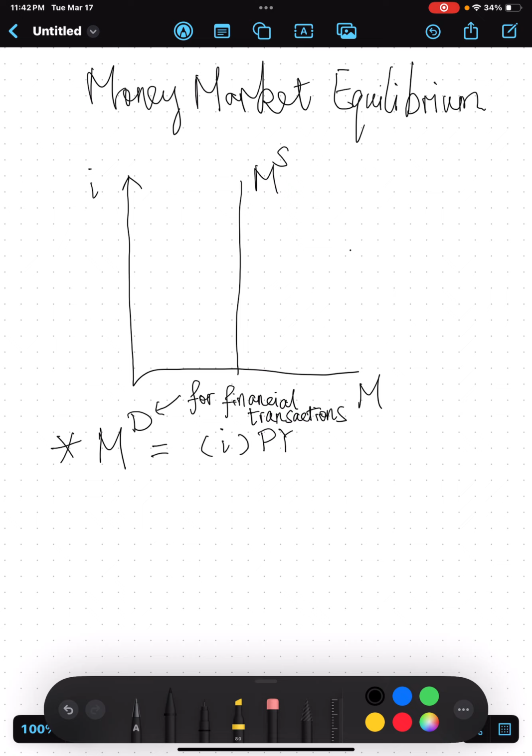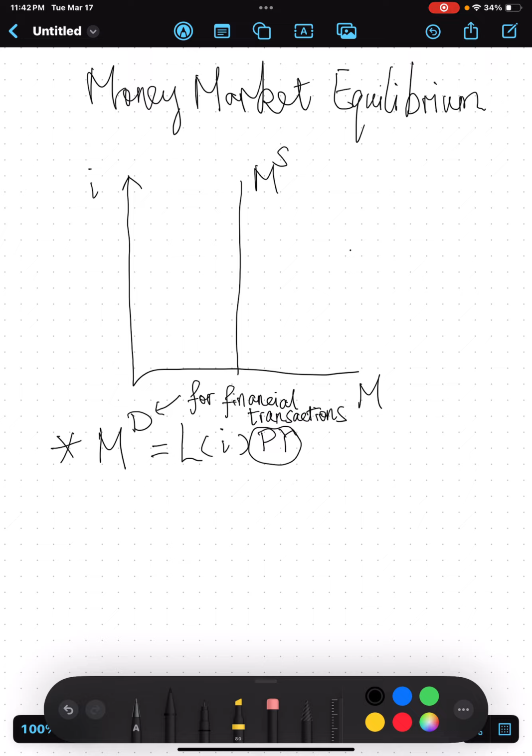And then there's a certain liquidity preference that is applied to the nominal income you have.